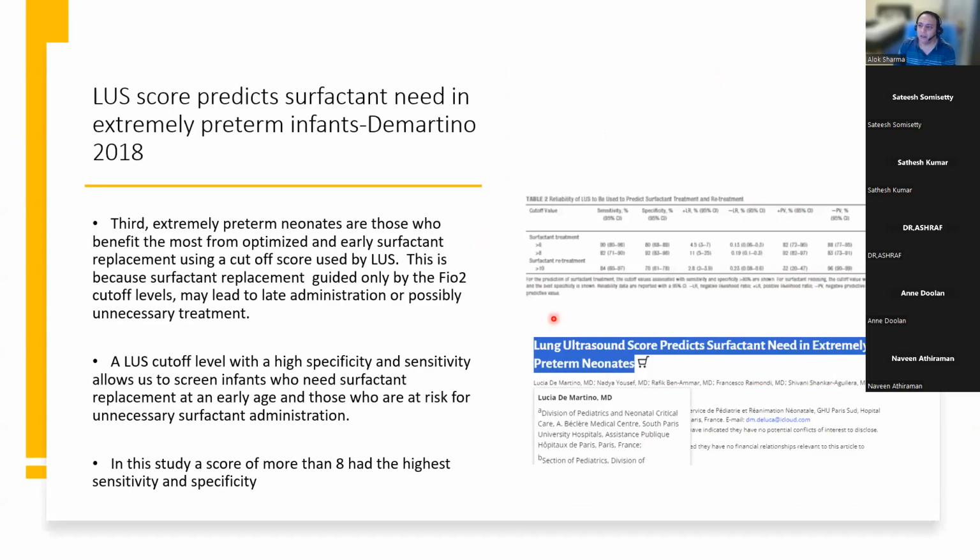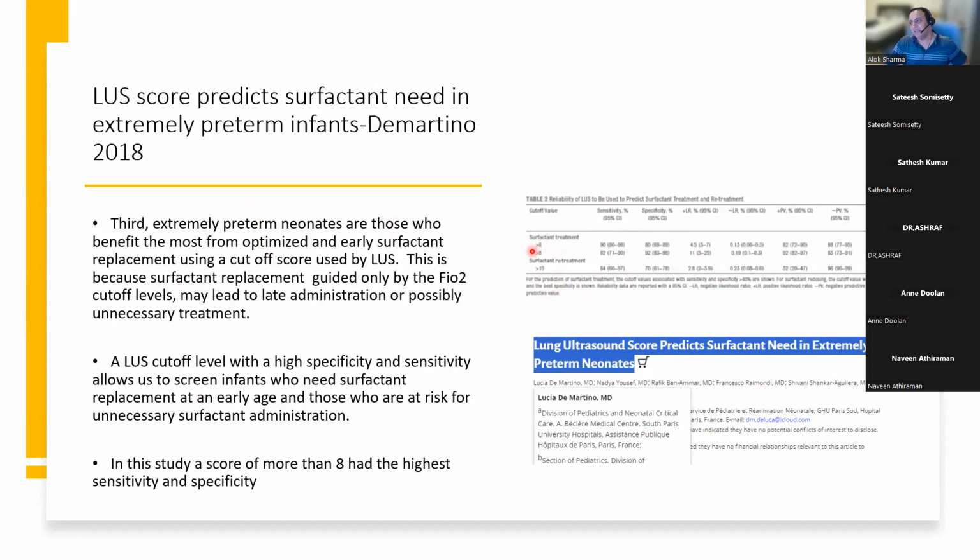Now, it was De Martino, again, who worked after Rosalind Brat, in 2018, and did the same piece of work with Nadia, looking at the same study with a larger group of infants less than 28 weeks. They looked at the sensitivity and specificity based on the curves to determine at what cutoff score we would be treating babies with predominantly RDS as opposed to babies who might have other differentials.